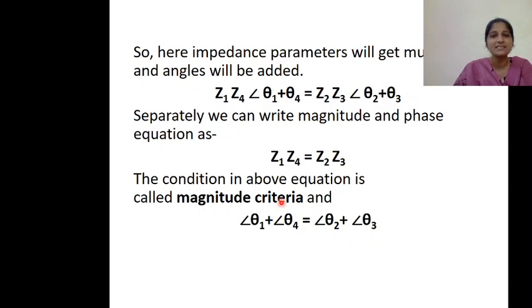Only then can you say that the bridge is balanced. This is the condition for any AC bridge whenever you are solving the bridges. If you are considering any problems also, you need to look at both situations, that is, both the magnitude criteria and the phase angle criteria should be satisfied.